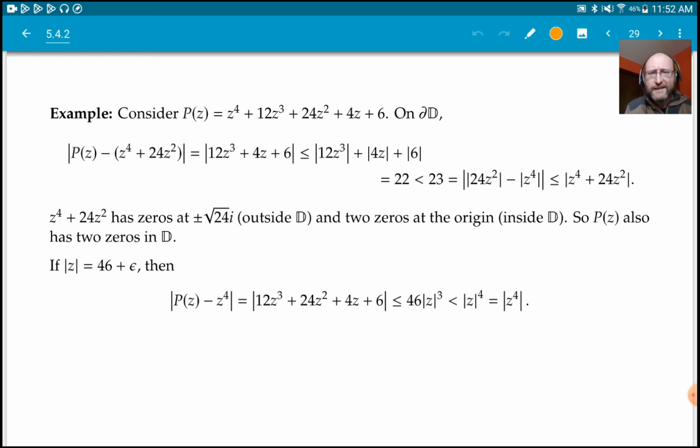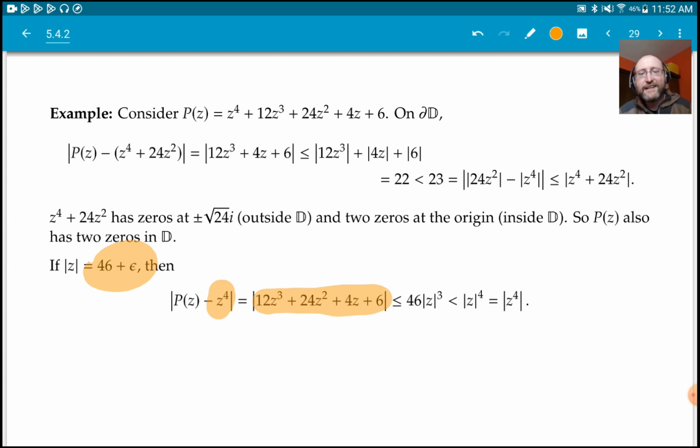So suppose that I look at the circle of radius 46 plus epsilon, and I subtract z to the 4th, which has four zeros inside that circle. They're all at the origin. So if I subtract that, I just get all the other terms.